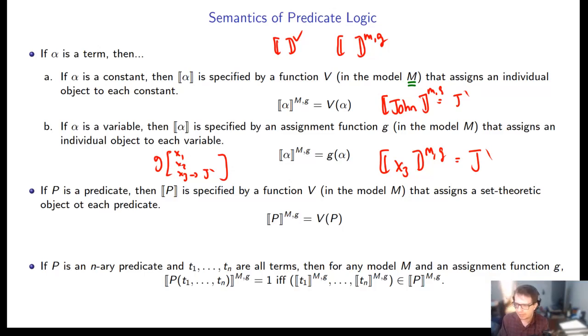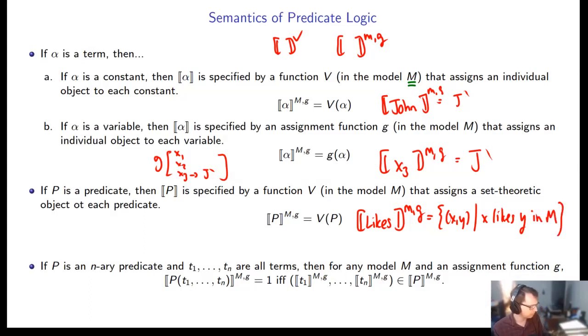If P is a predicate, so if you have something like likes, then it's just evaluated as a set. This is just like before. If we have likes, then we're going to be taking a look at a pair XY, where X likes Y, but now instead of being in some situation V, we're now in a model M. So slight difference there. Instead of being in a situation, we're now in a model. And a model, I guess I really should explain what a model is in more terms. A model is just like a situation.